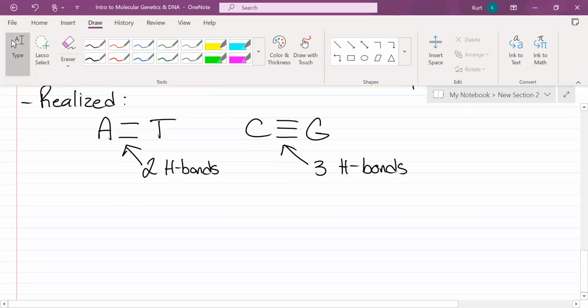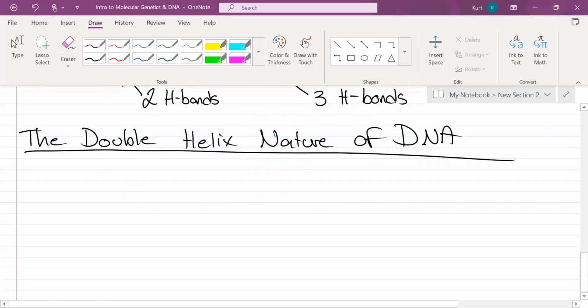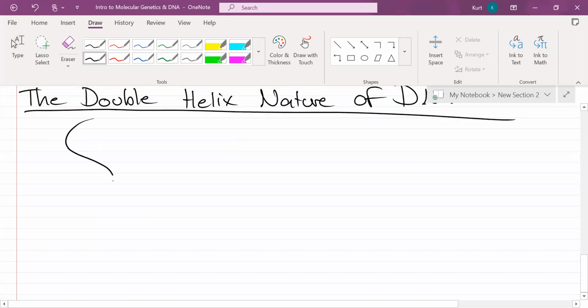All right. So let's go to the double helix nature of DNA. So we all know that DNA looks like this.